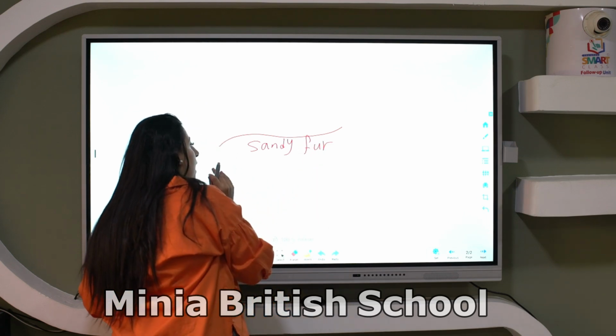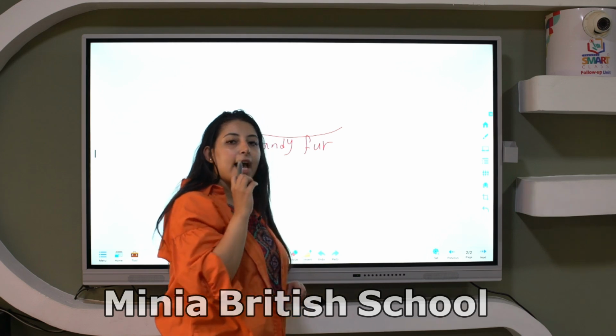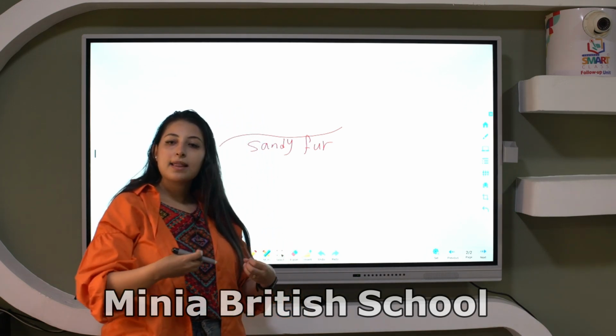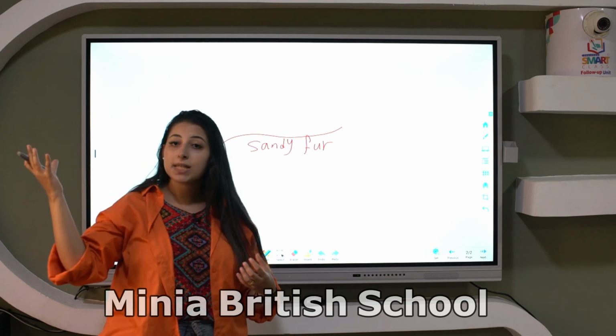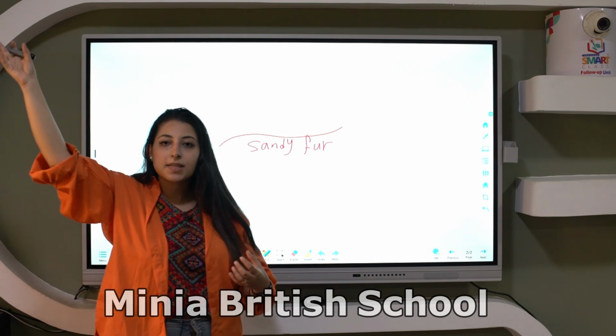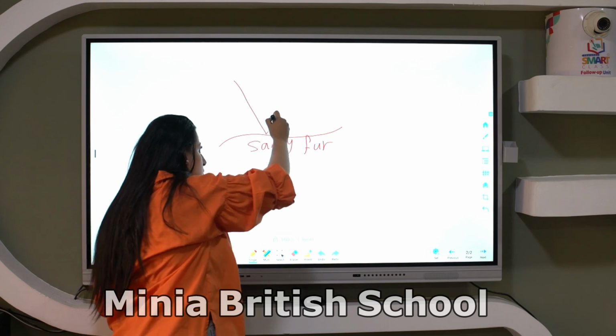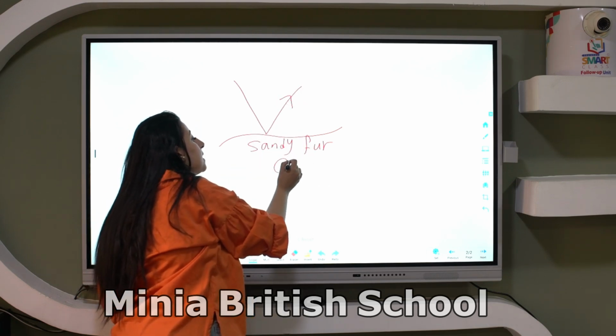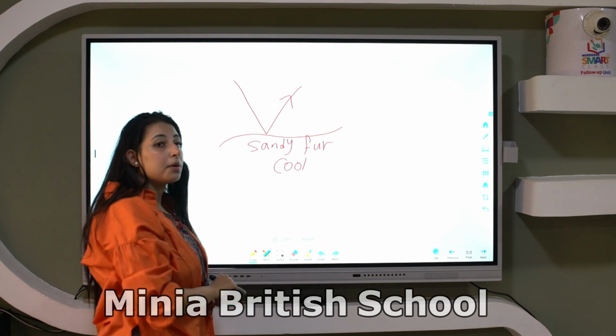I have to say, we should wear white clothes in the daytime on sunny hot days to reflect the sun rays. Why? To keep our body cool.